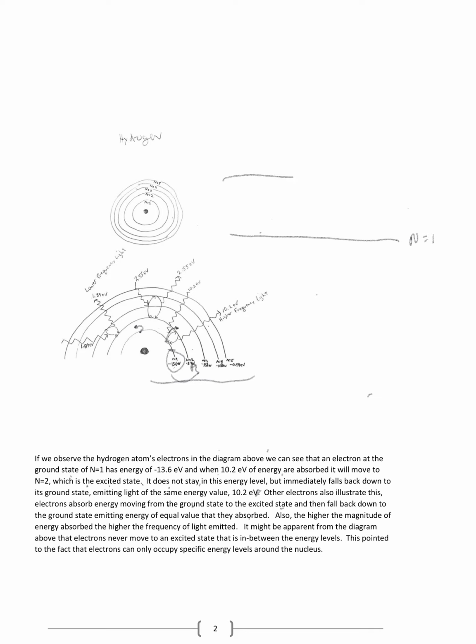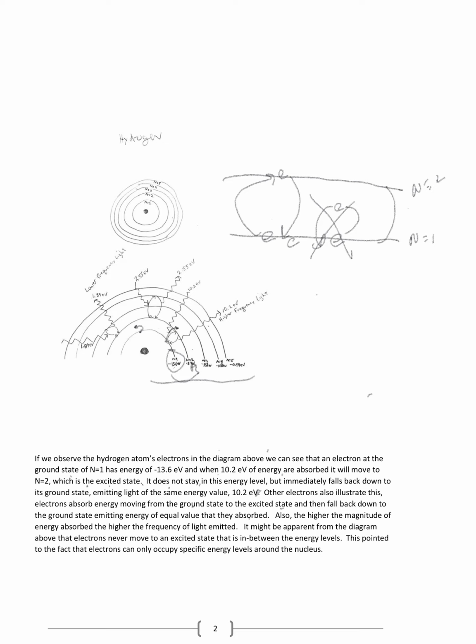Let's say this is the second energy level, n equals 2. The electron will move from the first energy level, n equals 1, to the second, and fall back down to the first. It's not going to go in between. So this electron here is not going to move in between, like to here, and fall back down. That's not going to happen. It's always going to go from one energy state to another.